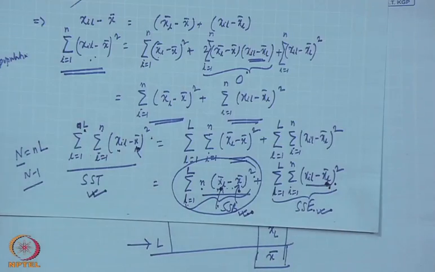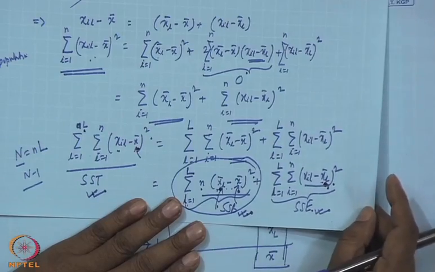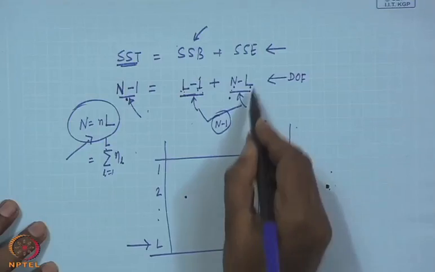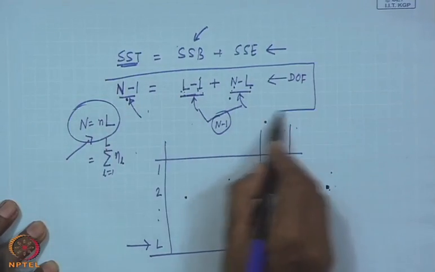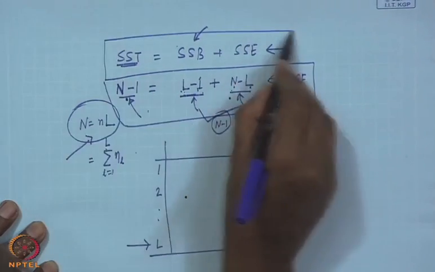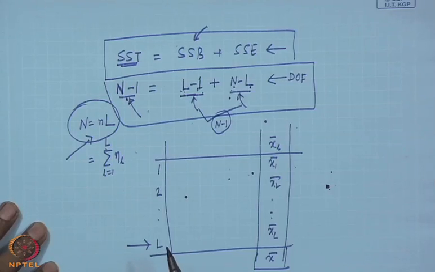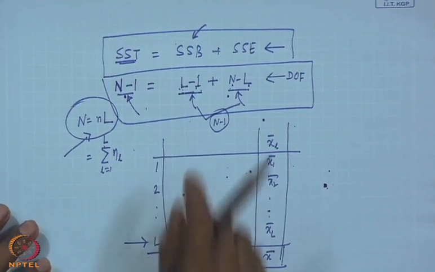So, already L degrees of freedom you have lost: you have capital N observations, and L is lost. So, n minus L. This is how the degrees of freedom are decomposed, correct.